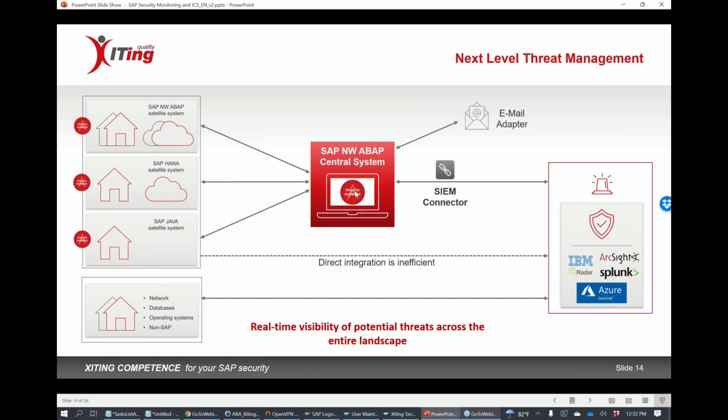And from here, centrally, we pass over log files into CM. We're very open to any CM, so we haven't had one that we cannot serve. If you have IBM QRadar or Splunk or ArcSight or Sentinel, whatever you have, it's very likely that our CM connect can talk to those out of the box.